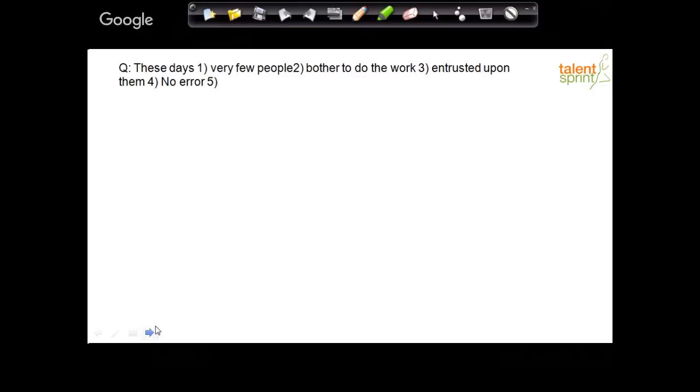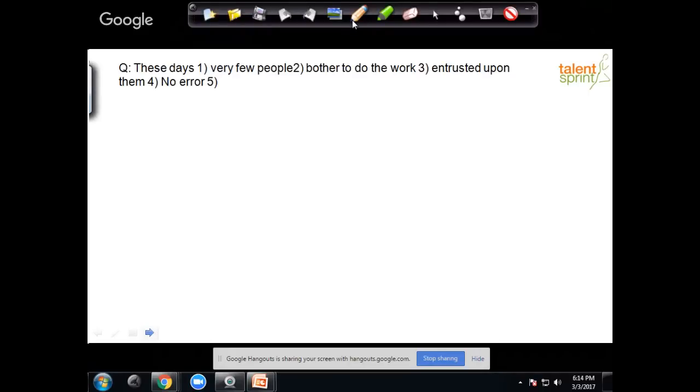Moving on. Let's check out this question. These days, very few people bother to do the work entrusted upon them. Where do you think the error is? 4 parts. These days, very few people bother to do the work entrusted upon them.